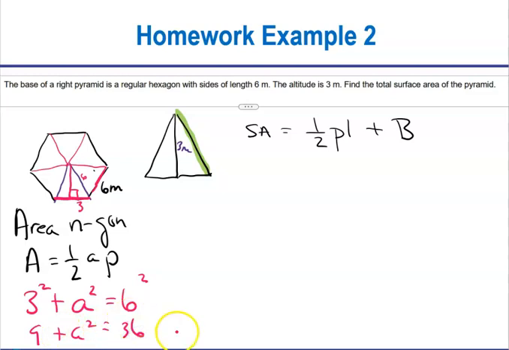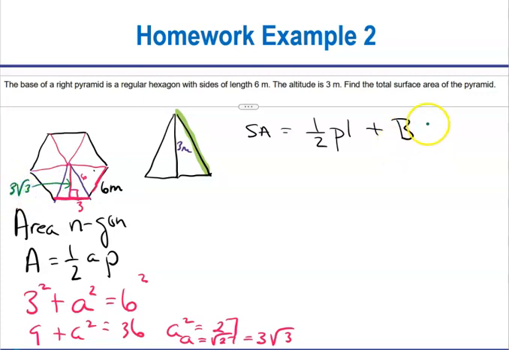Subtract the 36 over and you get A squared is equal to 27, which means A is the square root of 27, which breaks down into 3 square root of 3. And so that's our relationship too, that the longer leg is the shorter leg times the square root of 3. So let me do this in green. This altitude is 3 square root of 3.